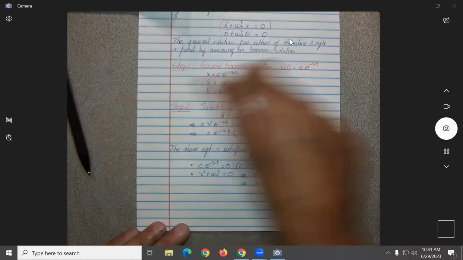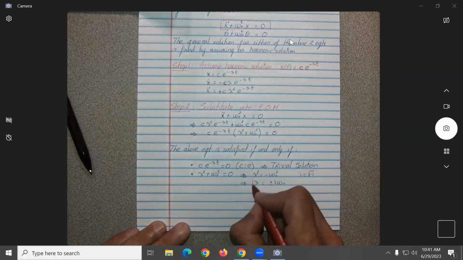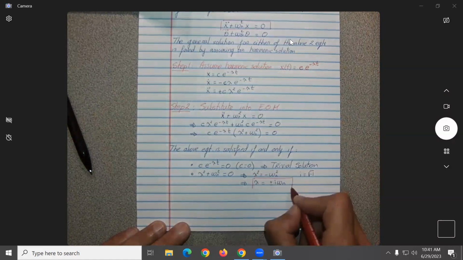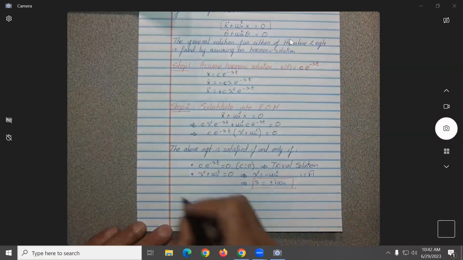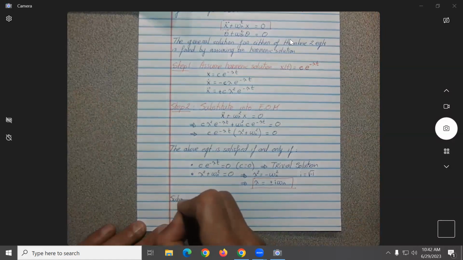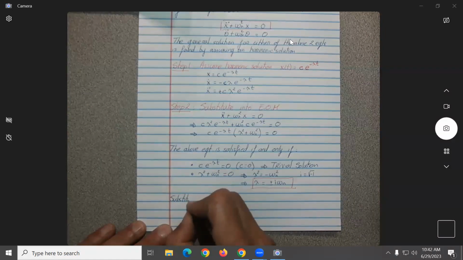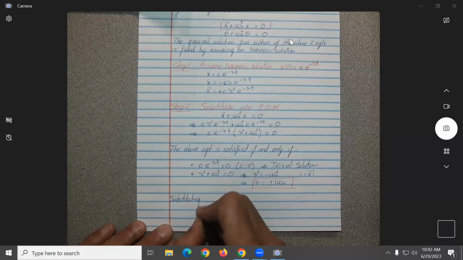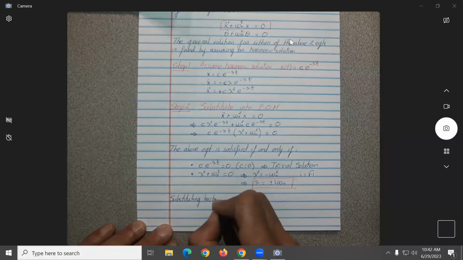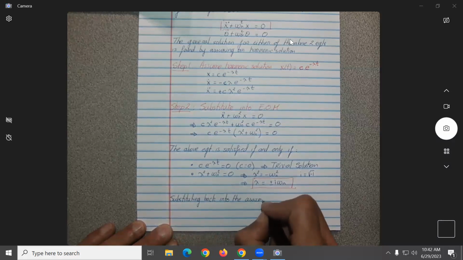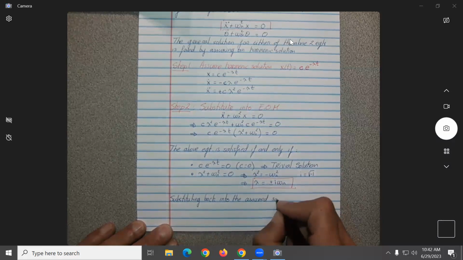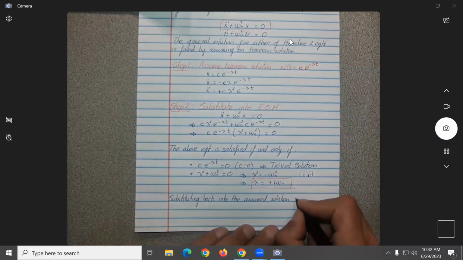Okay, so we have this. Substituting back into the assumed solution. What is the assumed solution?